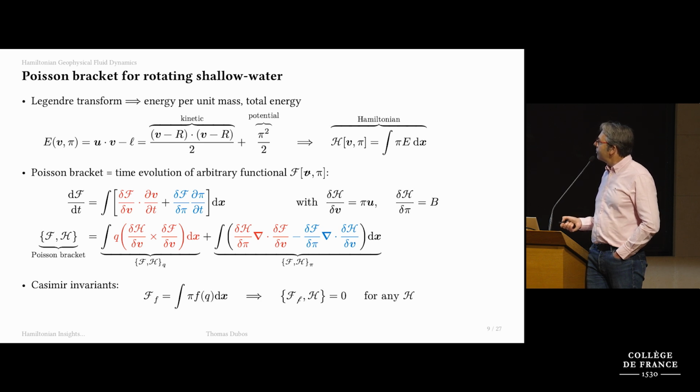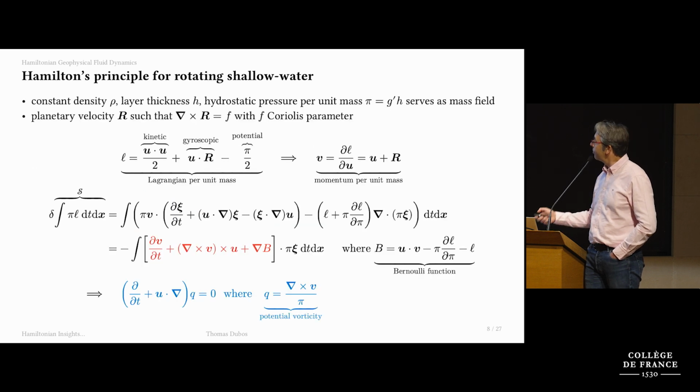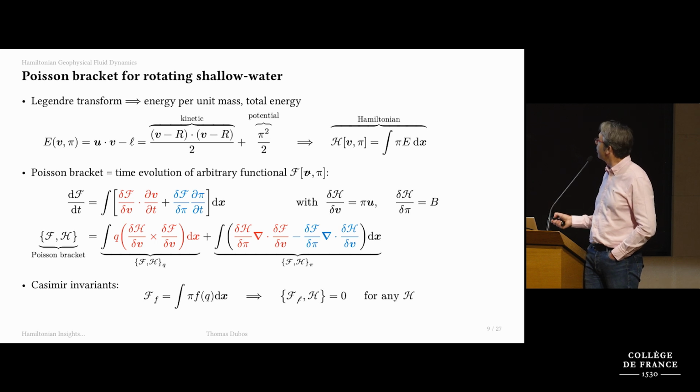And then that's where you take the Hamiltonian point of view. You ask for any quantity f, how it evolves with time. And this is just a matter of the chain rule. Then you can inject the equations of motion from the previous slide. And after some manipulation, you obtain an expression like this, because you realize that in the equations of motion, for instance, you have this gradient of B, where B has some expression as a function of the Lagrangian, but B has also a simple relationship to the Hamiltonian.